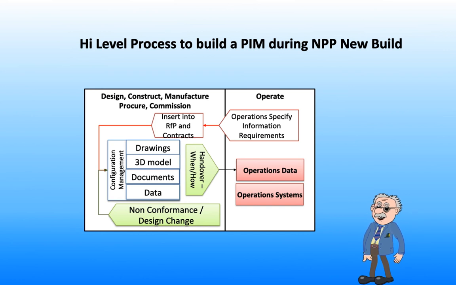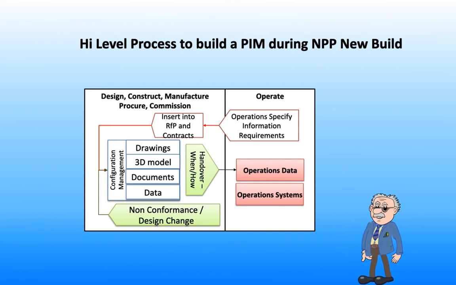This will be the information it needs to operate a safe, effective and efficient plant for more than 60 years, and to be able to decommission the plant beyond that. These information requirements must be included in the contract documents. If they are not in the contract documents, then they will not be delivered.